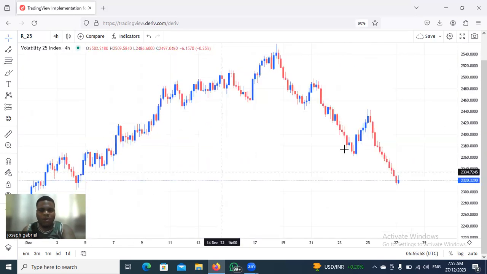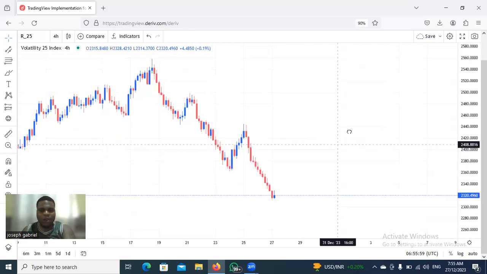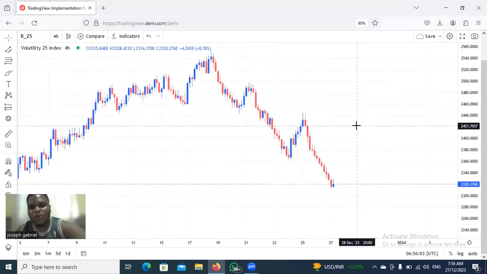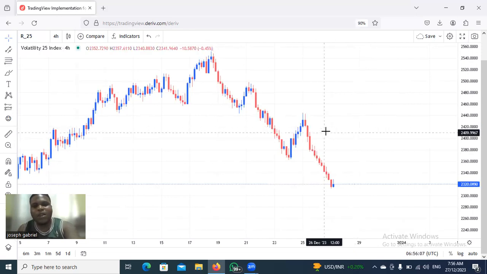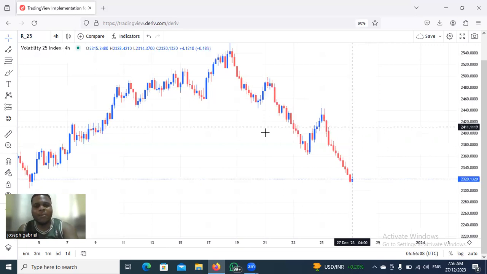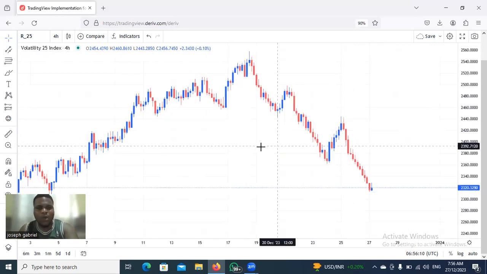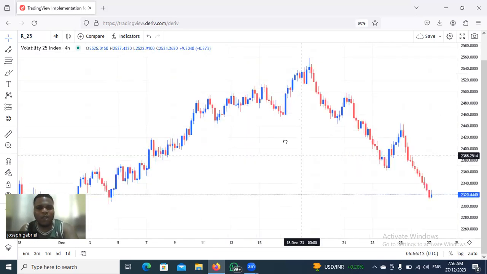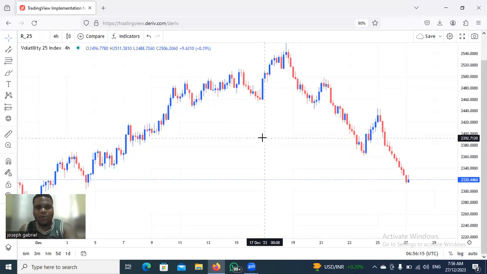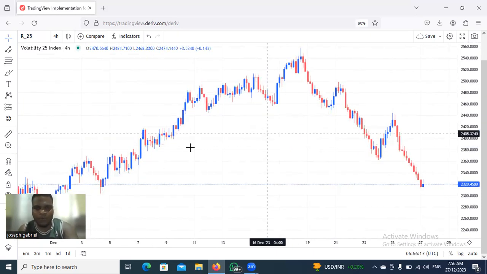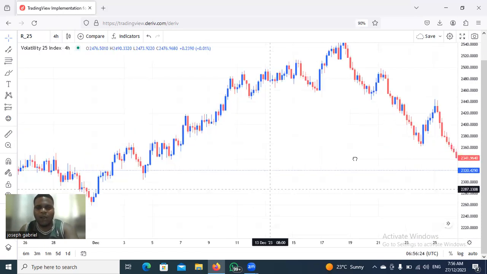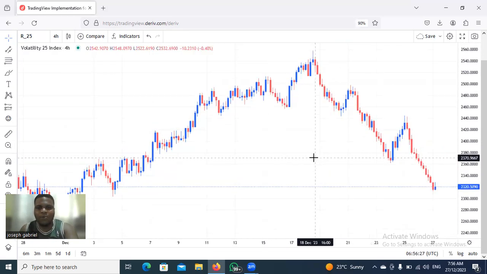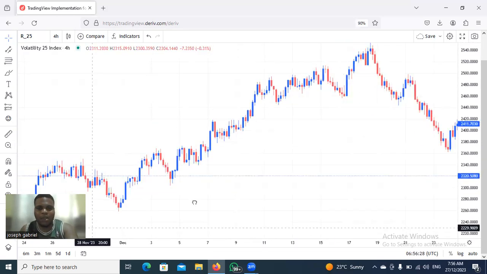When we talk about support and resistance, we say support is an area or zone that holds price, or holds buyers to buy, while resistance is an area where the market comes to sell, which I know many of us are conversant with. Now let me show you what I was talking about when you want to get your resistance level in the market.